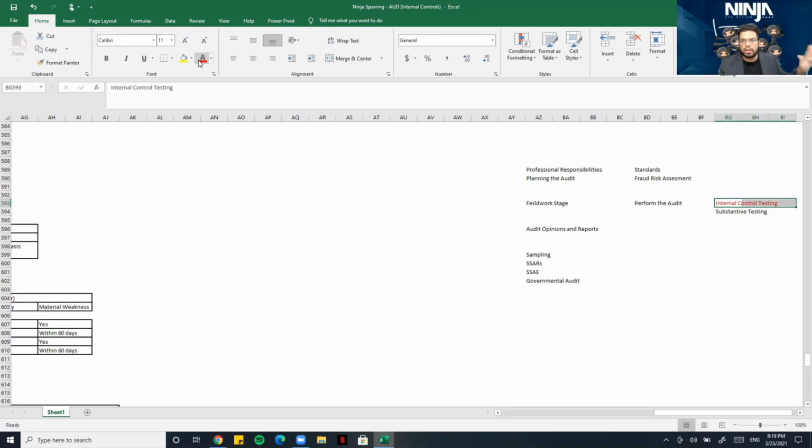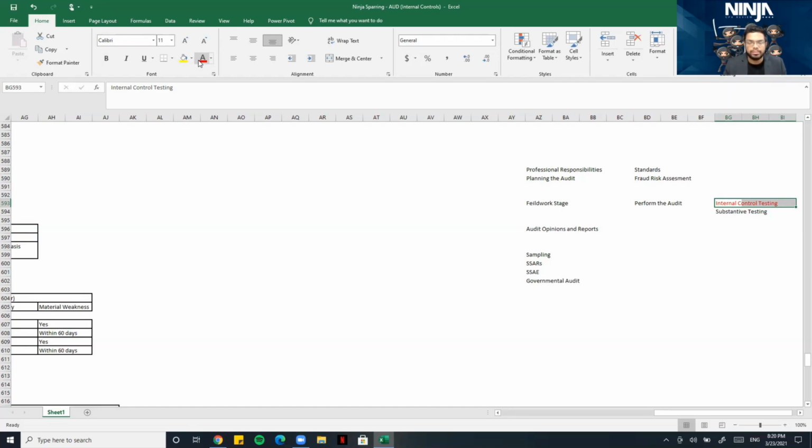We have understood the responsibilities which we need to comply with as an auditor. We have planned our entire audit engagement. Our engagement letter has been signed. Now we start the audit. When we start the audit, we start with internal control testing. And over the next couple of sessions, we'll be talking about internal control testing. So that's the stage of the audit where we are at.